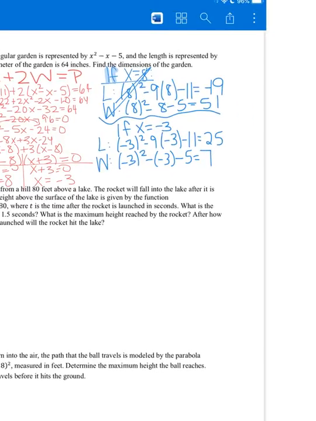So my dimensions are 25 inches for the length by 7 inches for the width. So if you want, you can write length is 25, width is 7. And then if you add up 25 plus 25 plus 7 plus 7, you do in fact get 64.